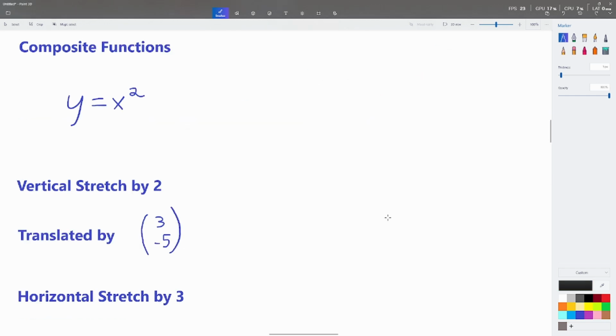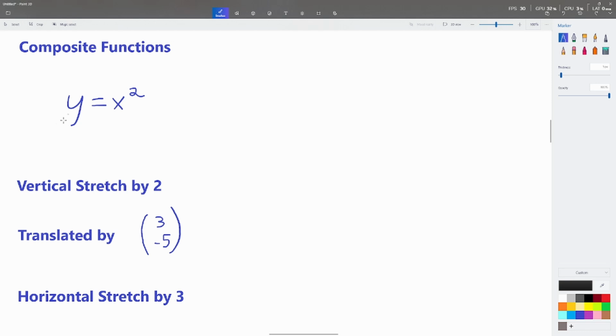So composition functions mean that you have your different translations and transforms together that form one function. So how does it work?